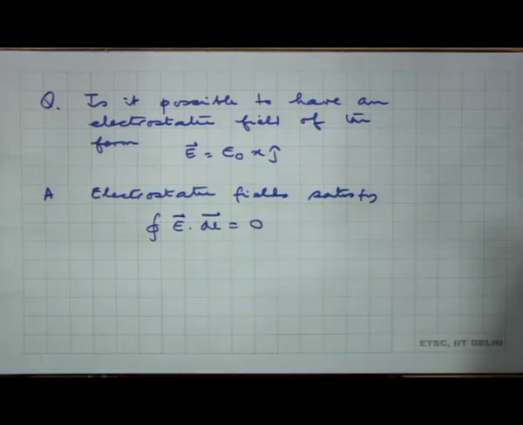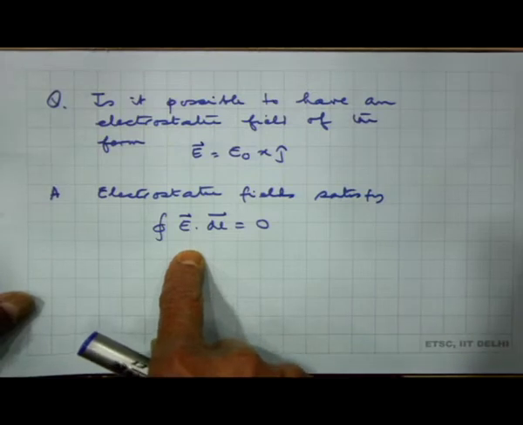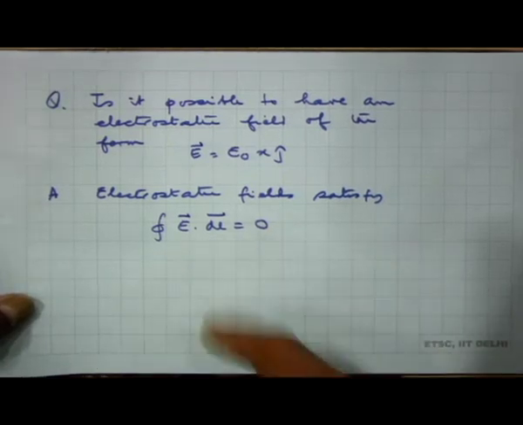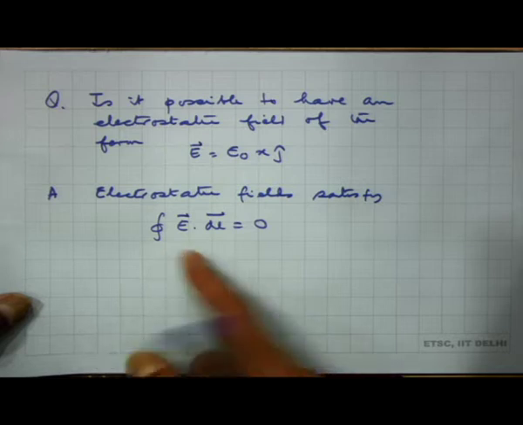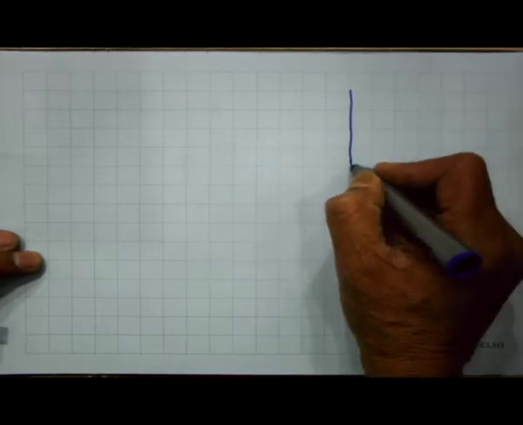So, I am at liberty to choose any particular closed path. So, I would like to choose a closed path for which this integral can be analytically solved. If I take a very complex path, I may have difficulty in solving the integral, but I would like to take a simplified path. So, the path which I like to take is the following. So, let me draw the x and y axis here.